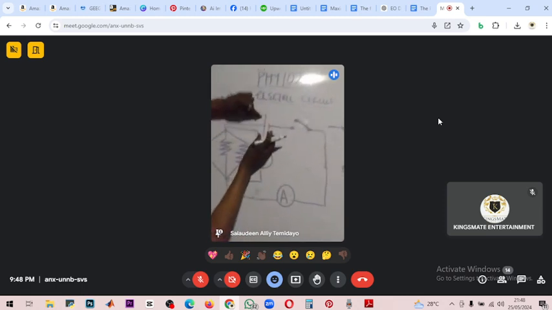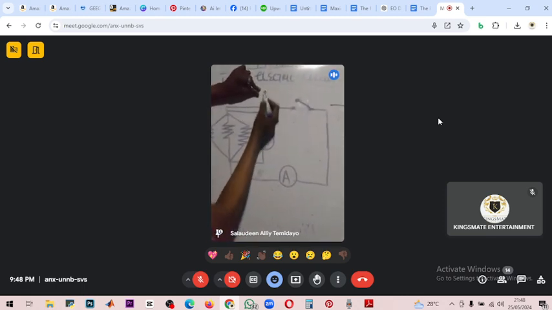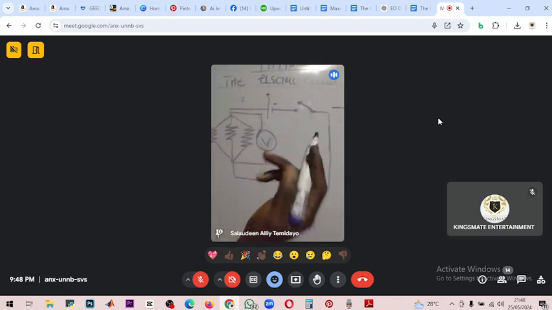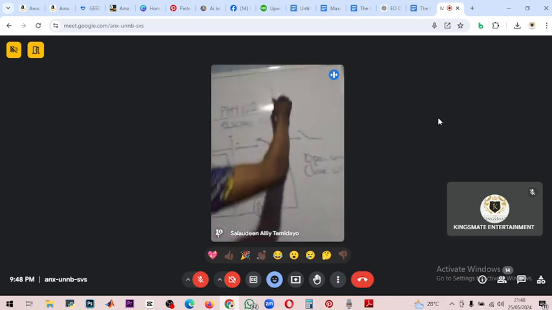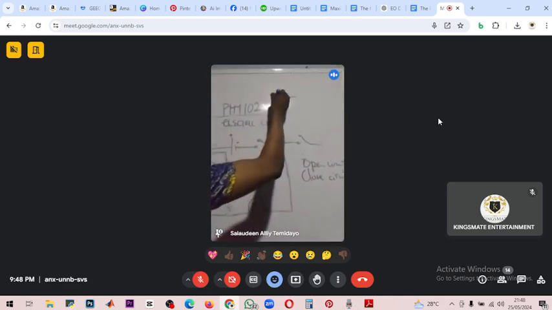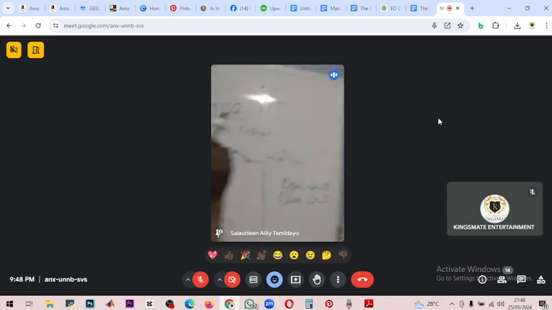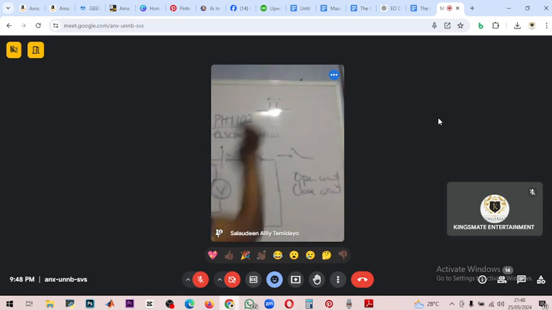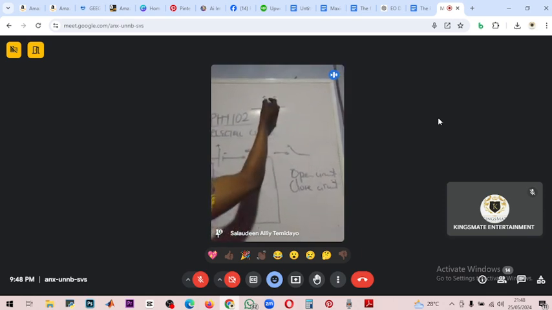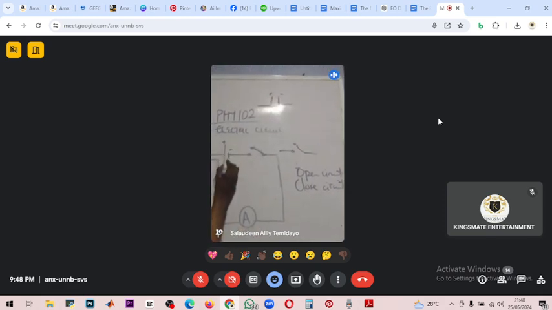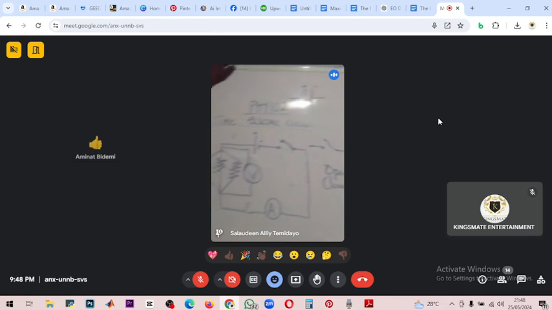We said this is the cell. This is the positive terminal of the cell. This is the negative terminal of the cell. There is one funny thing. This is the symbol for representing a capacitor. Look at it. Positive, negative. How do you differentiate between a capacitor and a cell? A capacitor has its terminals with equal length, while a cell has its terminals with unequal length.